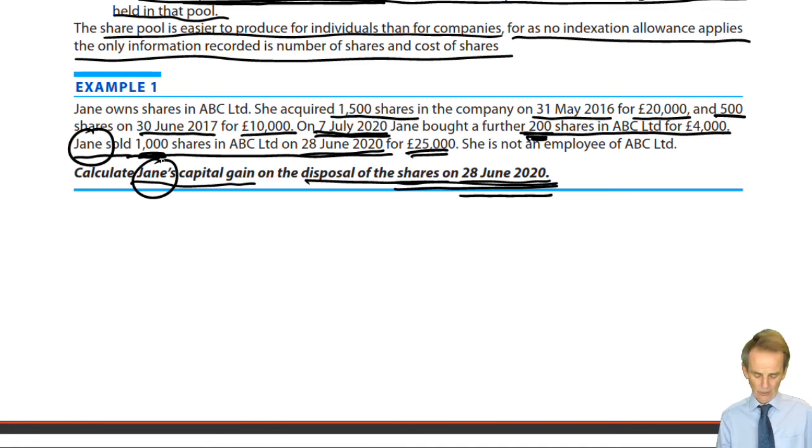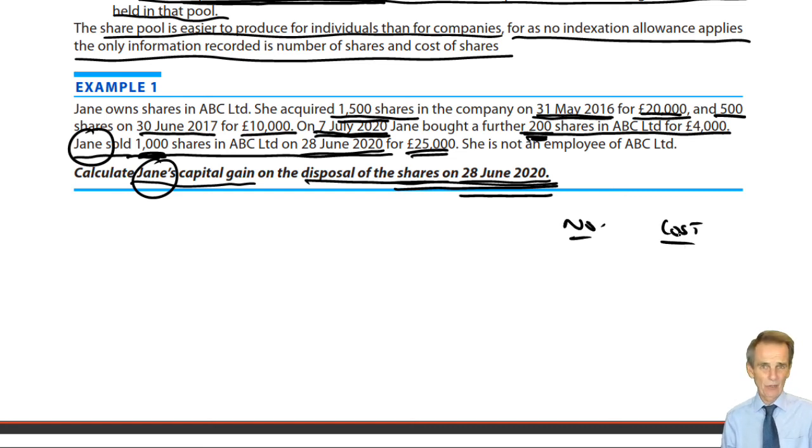What will be the content of the share pool? Two acquisitions. The first of those dated 31st of May 2016 for 1,500 shares, £20,000. Now again, as you read an exam question, you can see that you need a share pool. You'll have number and you'll have cost. You know what the dates are.